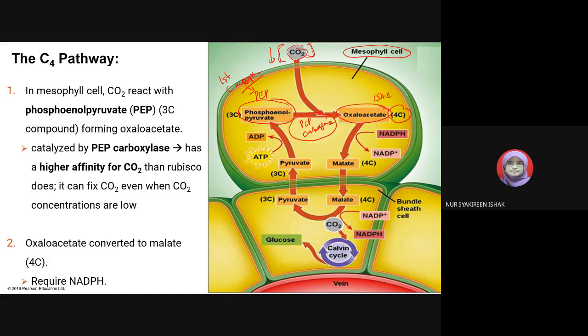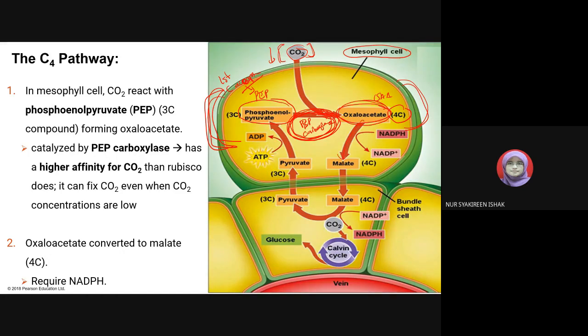The benefit of this reaction is that the enzyme PEP carboxylase will still bind to the low concentration of carbon dioxide in the leaf. Although carbon dioxide is low, with this reaction involving PEP carboxylase, it will still bind to carbon dioxide to produce oxaloacetate. Imagine if there was no such stage and it went straight to the Calvin cycle: photosynthesis would turn into photorespiration, because rubisco would bind to oxygen instead of carbon dioxide. That is the importance of the C4 pathway, because it involves PEP carboxylase, an enzyme that binds to carbon dioxide even when the carbon dioxide concentration is really low.